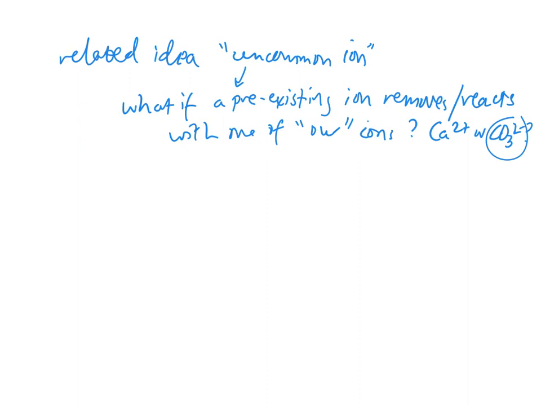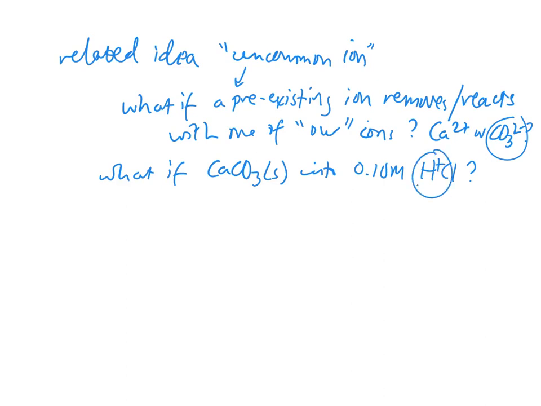And let's think about the carbonate here, for instance. What if we put calcium carbonate into 0.10 molar HCl? We're not going to do the math of this. So here, what's going to happen is that the H+ that's here reacts with the carbonate.